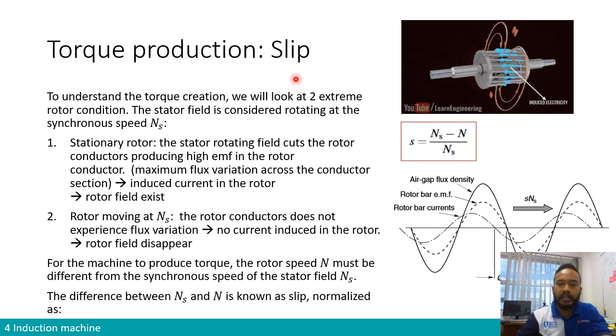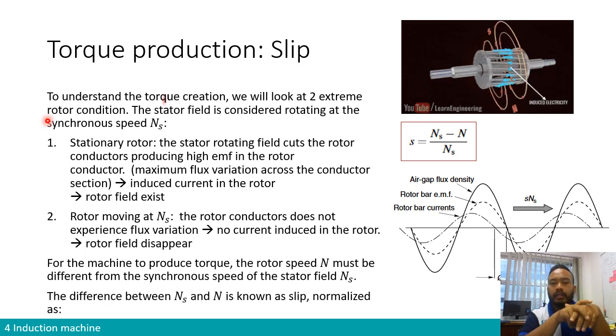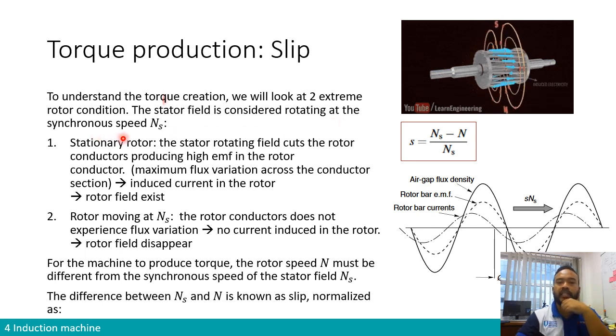In order to understand the slip, we will look into two extreme rotor conditions. We know that the rotor is in the middle of the stator, and that the rotor is the dynamic part that is going to rotate. We consider the stator field as a rotating magnetic field at synchronous speed ns. There is no depiction of the rotor, or rather of the stator, I'm sorry.